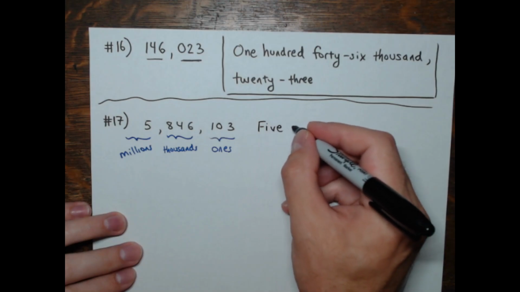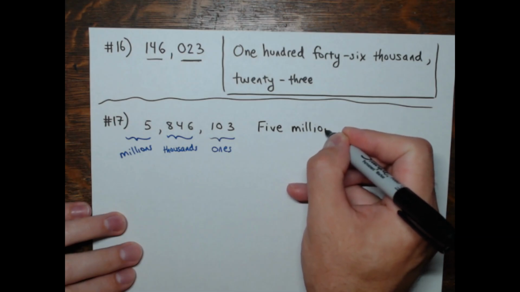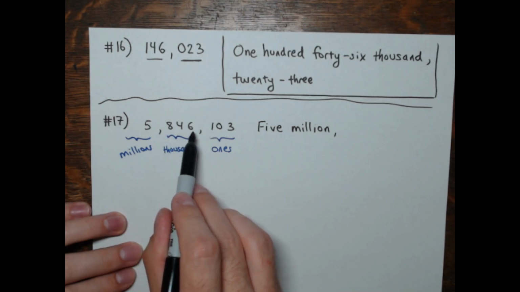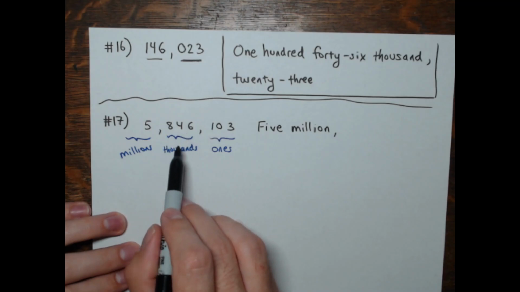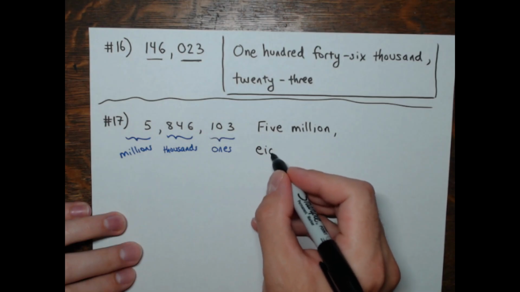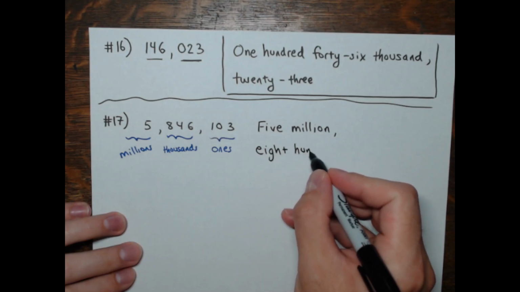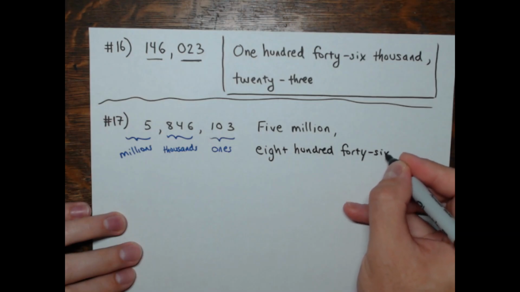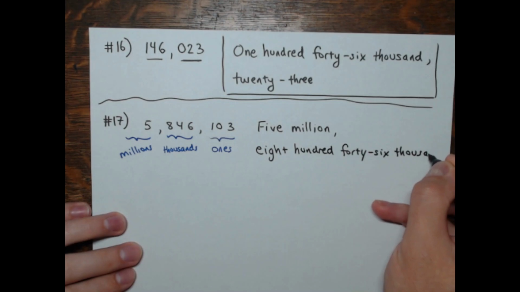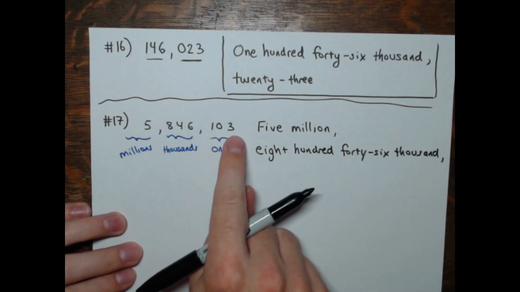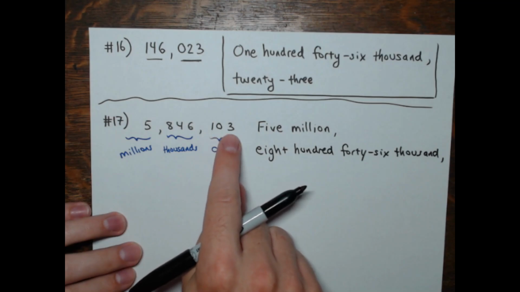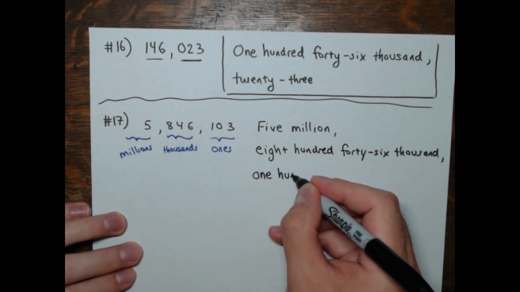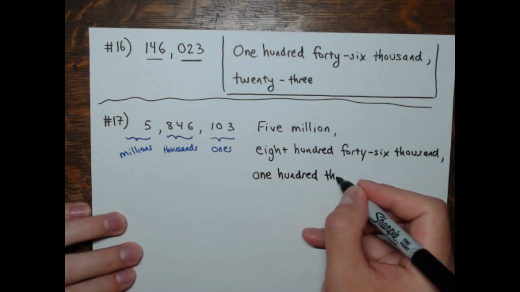So 5 million, comma, 846 with the hyphen, 846,000, comma, and then in the ones period, we have 103, no tens, 103.